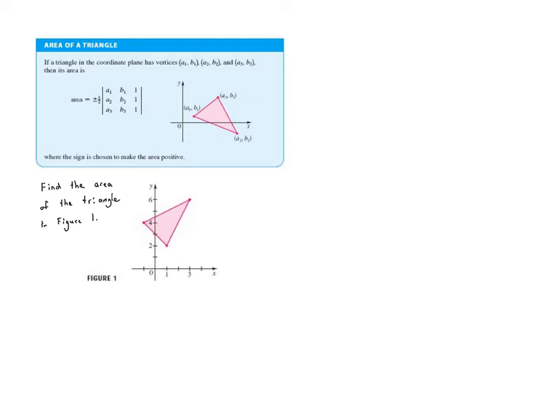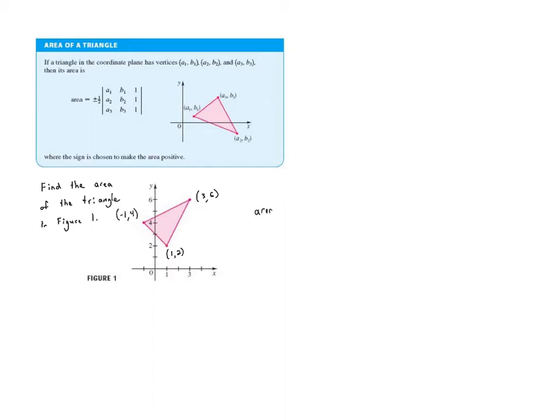Instead, we can use the determinant of a matrix where the elements of the matrix come from the coordinates of the points. So if we look at the vertices of this triangle, the coordinates are (1, 2), (3, 6), and (-1, 4).